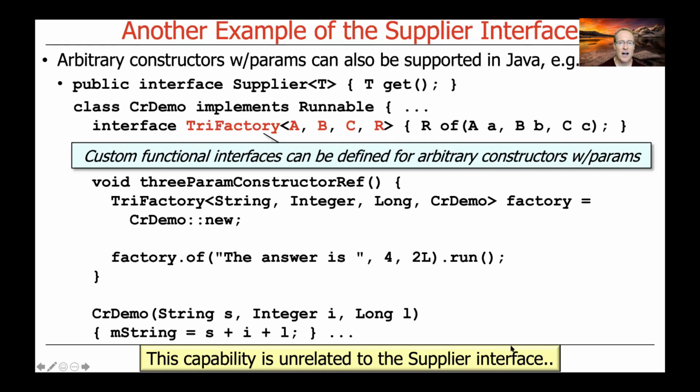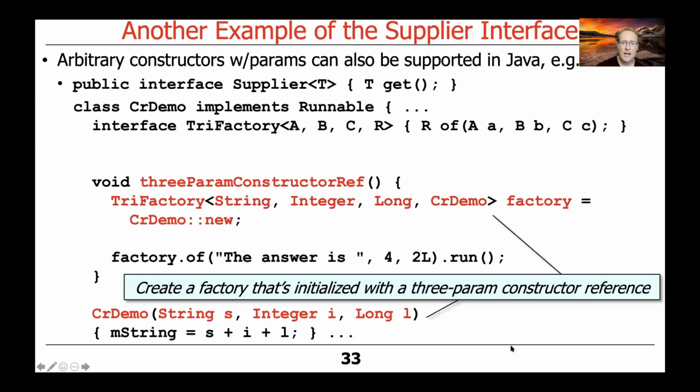So you can see that of is going to take 3 parameters, A, B, and C, and then return a parameter of type R. And then down here, we're going to define an instance of the try-factory interface. So you can say we have try-factory string, comma, integer, comma, long, comma, CRDemo. So CRDemo is the object we're making, and string, integer, and long are the types of the parameters we're going to create.